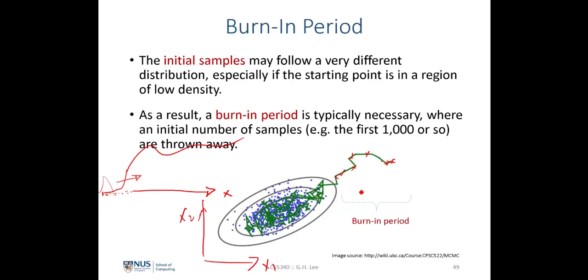As a result, we will call this segment of the initial samples the burn-in period, where we will discard all these values. And unfortunately, there is no way to figure out how many samples there are in the burn-in period. So typically, we will just discard the first 1,000 or so samples.